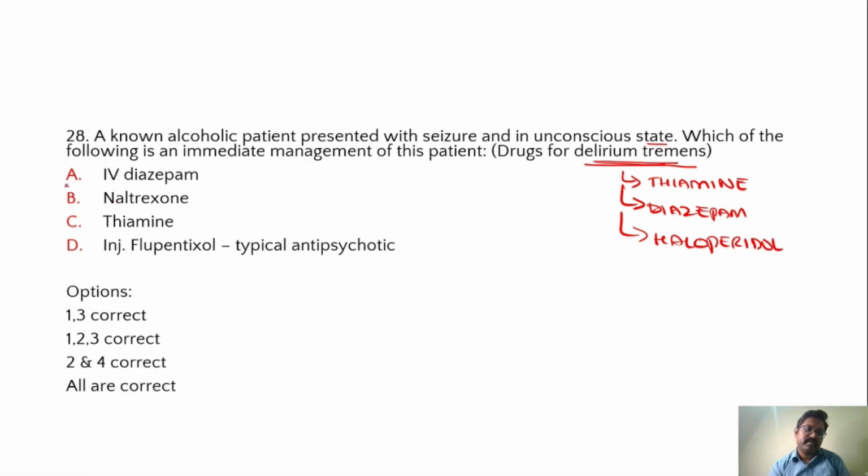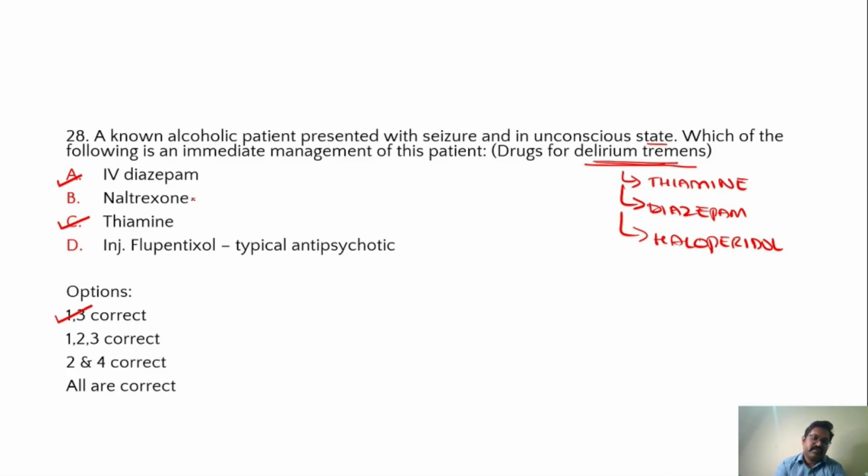So the options here can be C, A, as well as flupentixol also. Here the correct option will be 1 and 3.